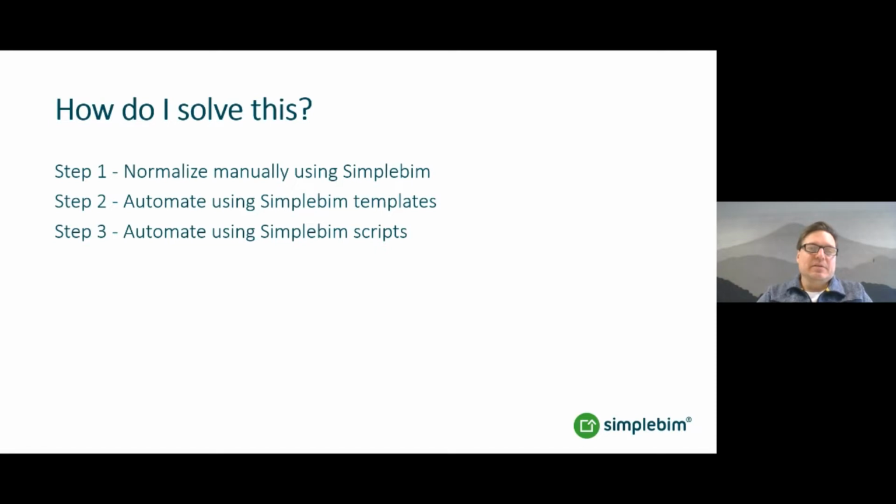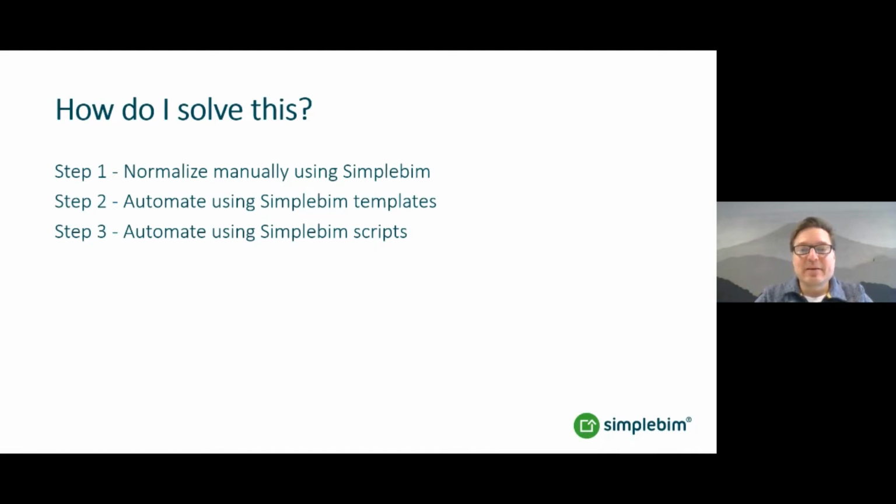And when you start solving this picture, then you have a kind of roadmap for how you progress. First you have the Simplebim application, and you have to look at the models you get from the designers, the original models. Look at how they are structured, what data they contain, and so on, and use the many tools in Simplebim to normalize, to get to the end result, to get to what you actually need. And once you figure that out, you can start automating that same process using the Simplebim templates.